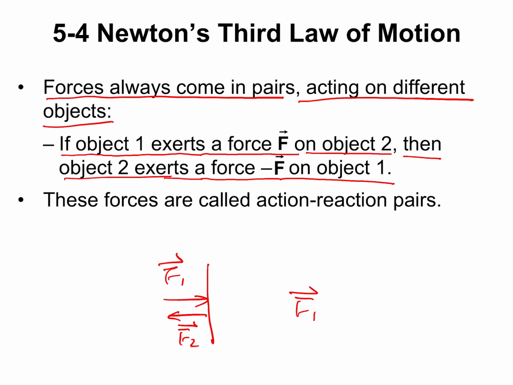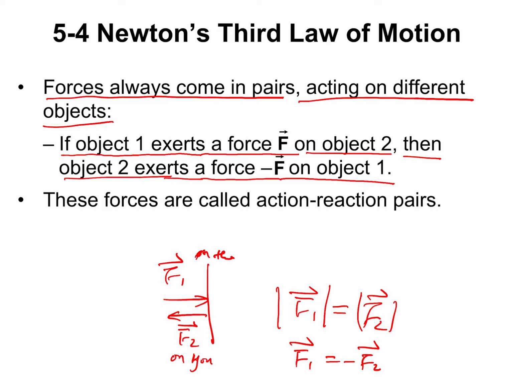F1 and F2 have the same magnitude and opposite direction, and they act on different objects, because F1 is from you on the wall and F2 is from the wall on you. So F2 is on you, and F1 is on the wall.